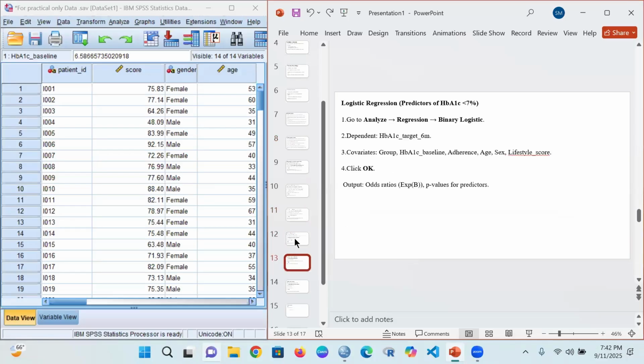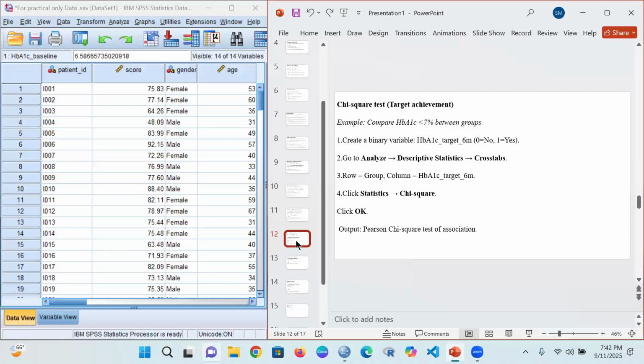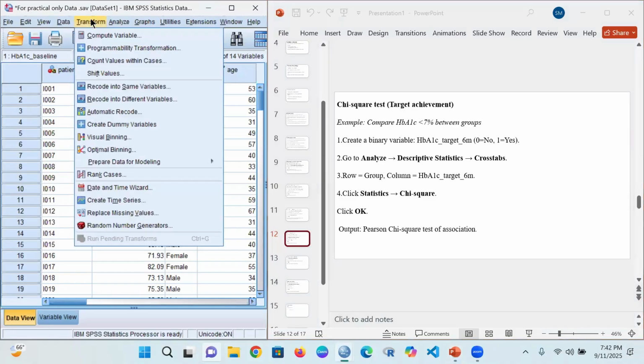To conduct this chi-square test, first of all, we have to recode our data so that it is easy for us to conduct the test. Let's check the HbA1c on SPSS. You come to Transform. You want to transform your data.